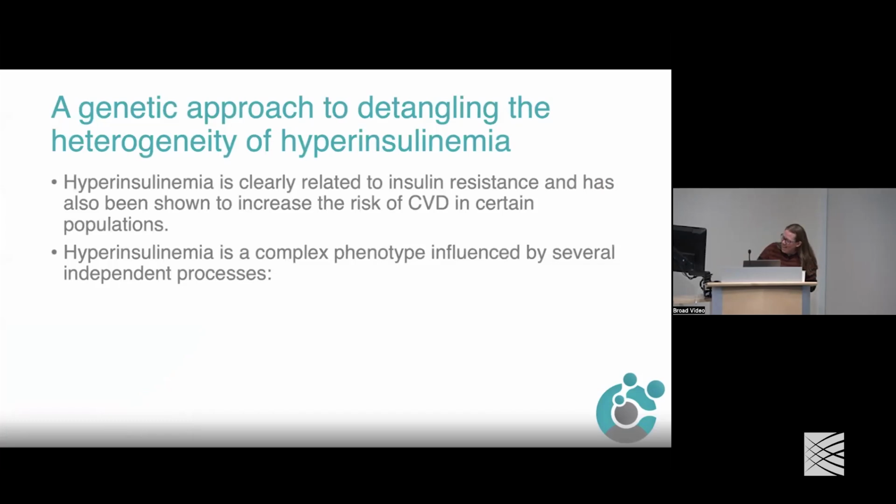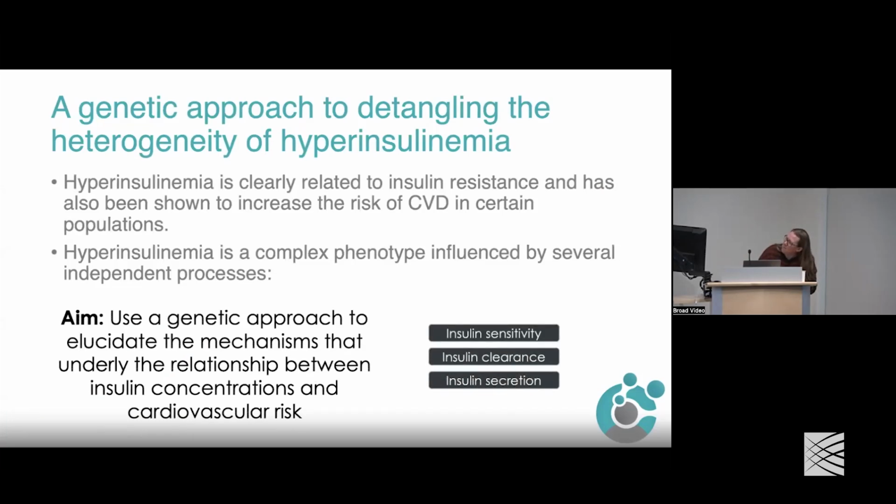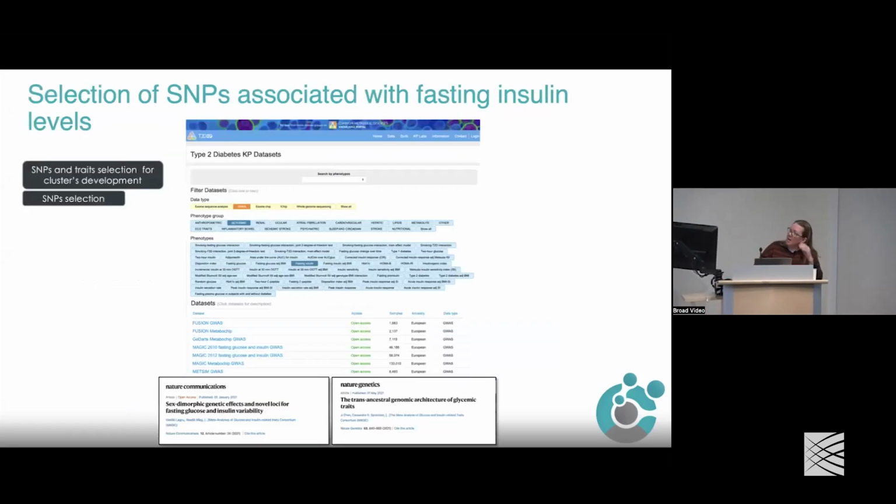I'm going to skip through some of the basics, but our aim here was to use the genetic approach to elucidate the mechanisms that underlie the relationship between insulin concentrations and cardiovascular risk. The gist of it is that there are many reasons for a fasting insulin to be increased in a person, and we want to understand what those reasons are.